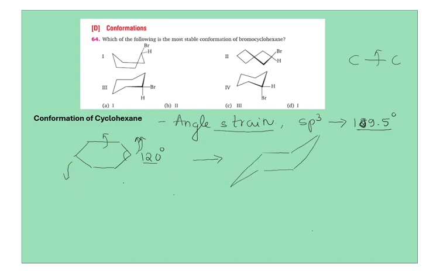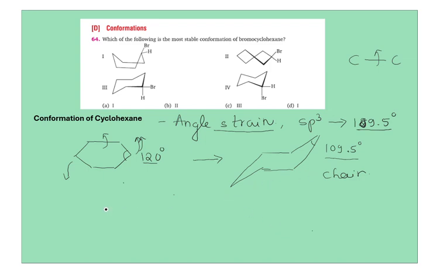It goes down like this, okay? Something like this where the bond angle will be almost that of an ideal bond angle. That means the ring structure undergoes twisting, bending, puckering and it will try to attain the bond angle of sp3 hybridized carbon, and this conformation is called as chair conformation.